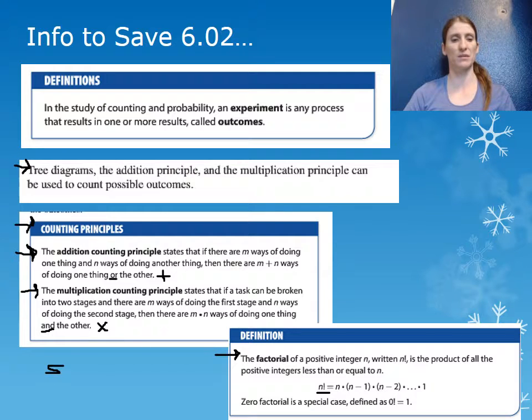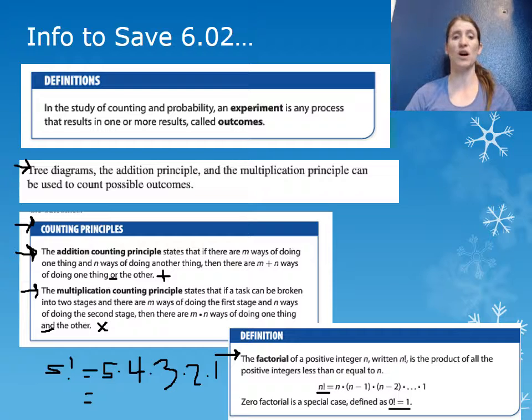It's hard to write. 5 factorial, you take the number 5 and you times it by 1 less, and you continue down that pattern until you've hit the number 1. So 5 times 4 times 3 times 2 times 1. And the answer to that would be what 5 factorial equals. Okay, and we have this special situation, 0 factorial will always equal 1.